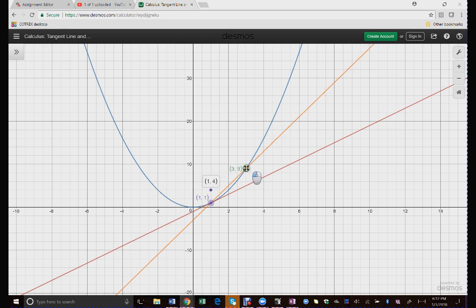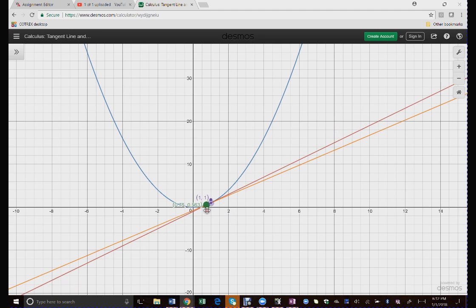So as I move my second point closer and closer, the average rate of change of my secant line is getting closer and closer to the instantaneous rate of change, or the slope of my tangent line. So that slope of the tangent line appears to be pushing 2.